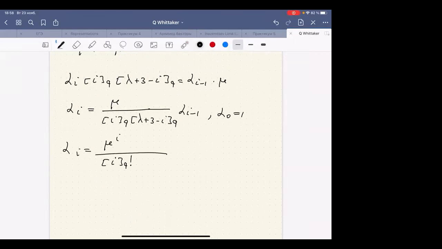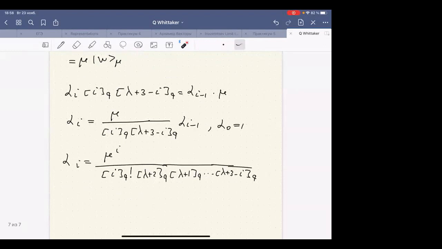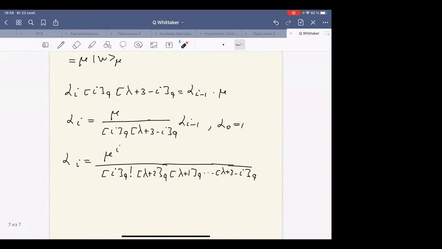So this is q factorial. This is just a product of [E]_q, [E minus 1]_q, and so on. And this is the explicit formula for the coefficients of the Whittaker vector and thus for the Whittaker vector itself.